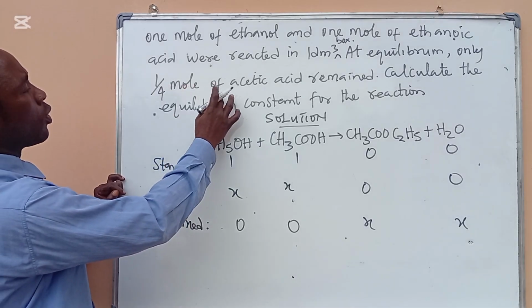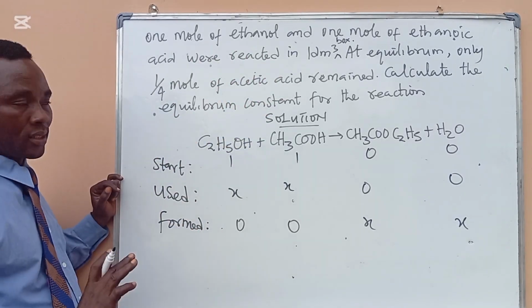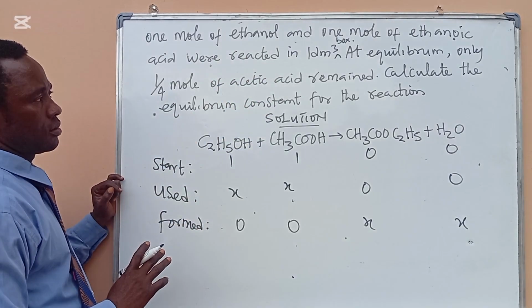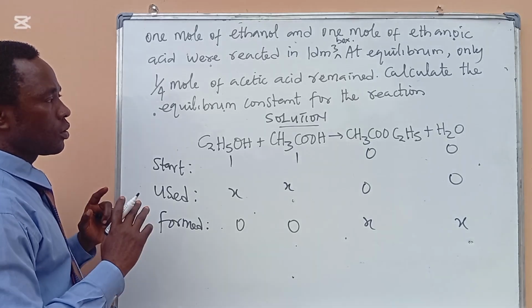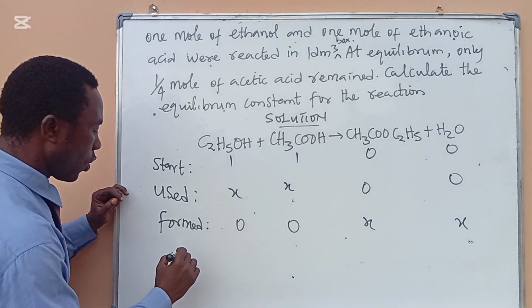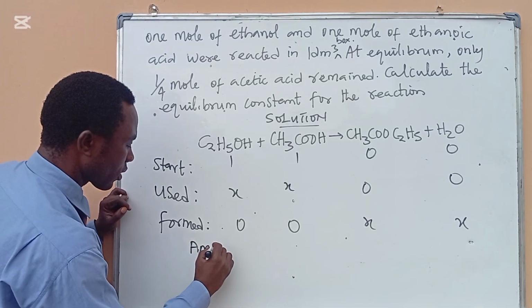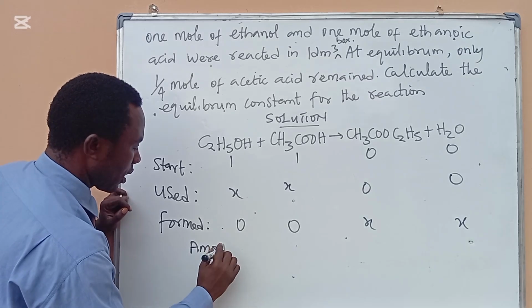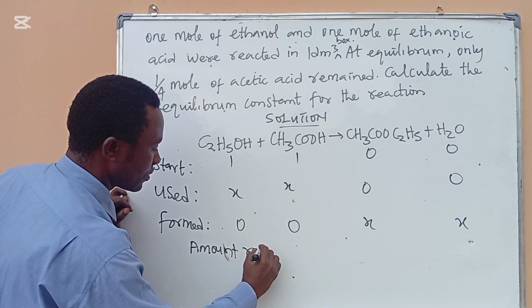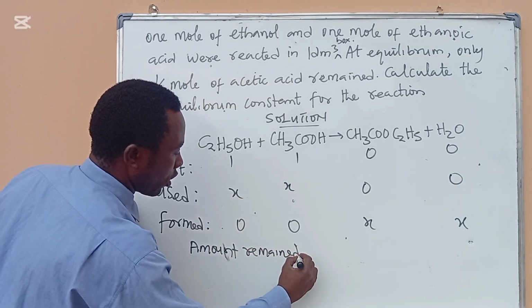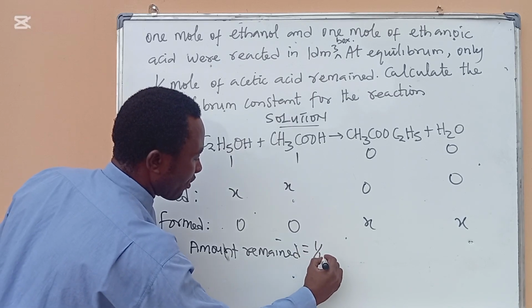only 1/4 mole of acetic acid remained at equilibrium. So the amount remained was given to us to be 1/4.